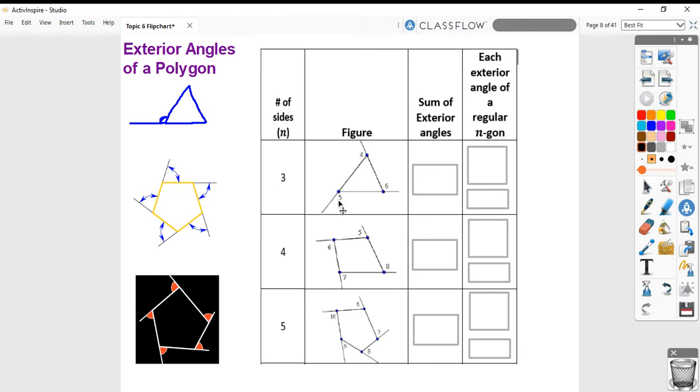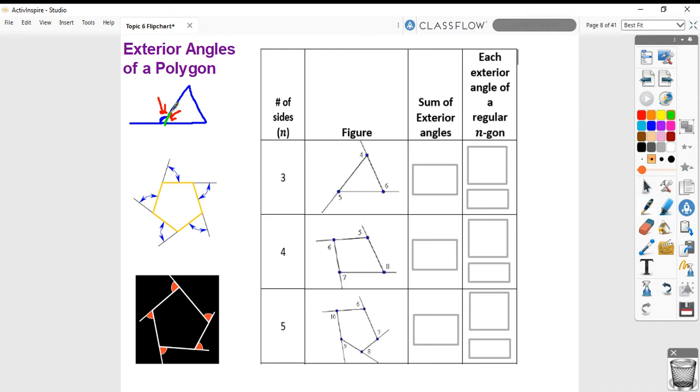All right, so here's the deal with exterior angles. When you look at exterior angles, if I took this angle here plus this angle here, those two angles together form a linear pair. Remember your definition of a linear pair.